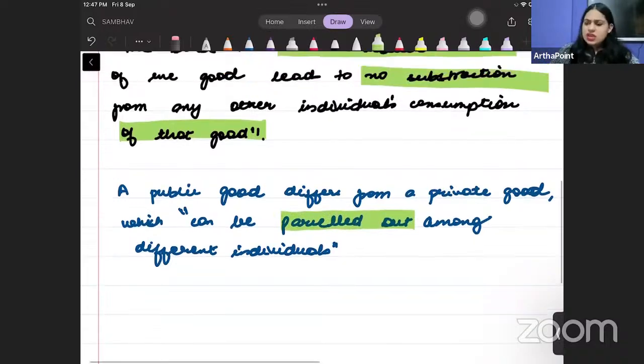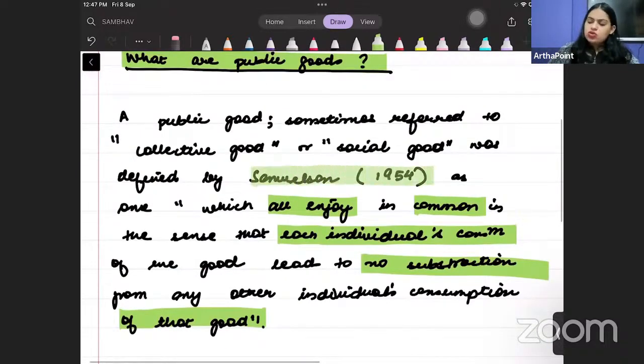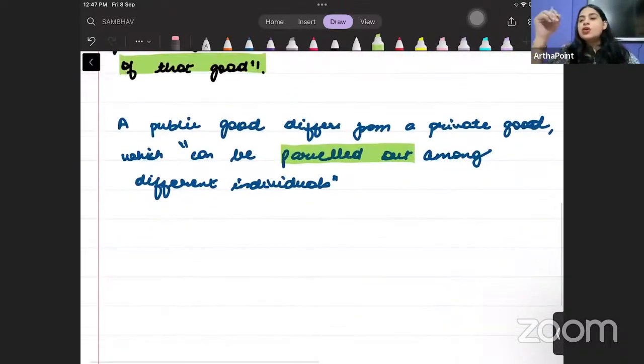Again, he used it in his 1954 work. This is also given by Samuelson only. So beta, what did he say? He said, suppose I have a park. Can I parcel it to your home? Can I courier it to all of you to distribute? No. But suppose I have 5 books with me. Can I parcel them to your home? Yes. Whoever demands the book, I will parcel it to your home address.